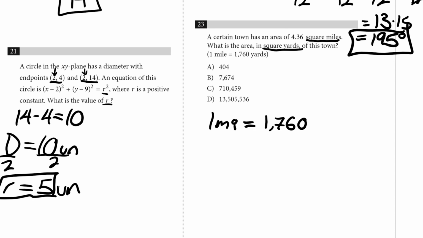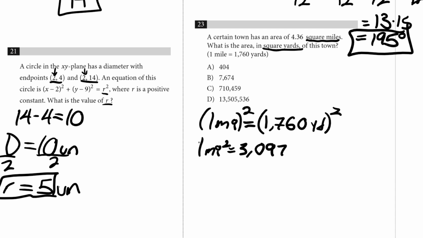1 mile equals 1,760 yards, and then we're going to square both sides. 1 mile squared is 1 mile squared, and then 1,760 squared gives us 3,097,600 yards squared.